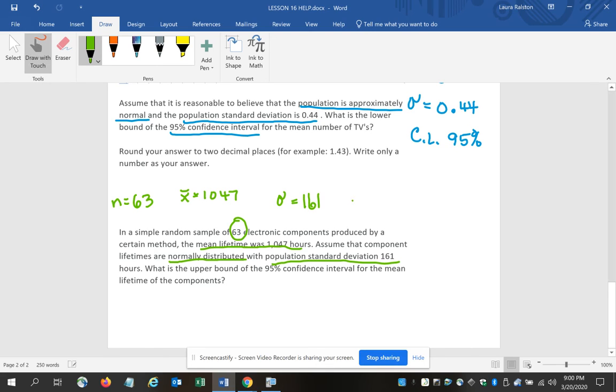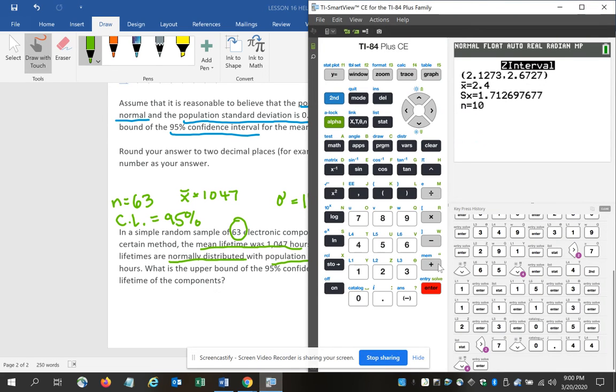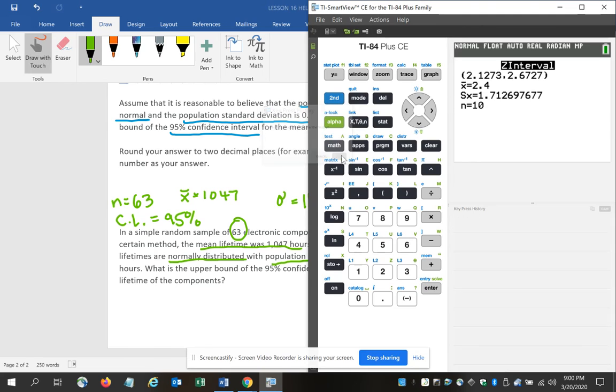So sigma is 161. And my confidence level is, again, 95%. So in this problem, I've actually been given all of the information outright. I'm still going to use that z-interval command, but I don't have to worry about entering my data into the calculator first because I don't have the data. Okay, so that changes some of the keystrokes just a little bit.